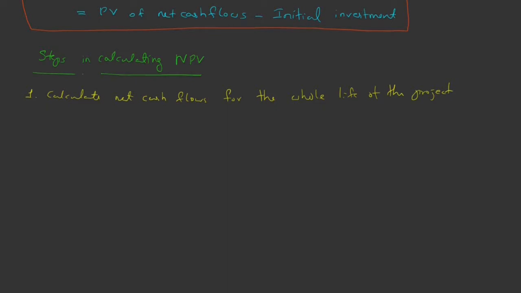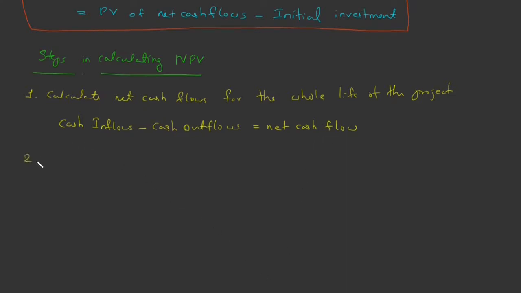The net cash flows should be forecasted based on realistic assumptions. The net cash flow is calculated by subtracting cash outflows from cash inflows. So net cash flow is equal to cash inflow minus cash outflow. So in the first step, we estimated net cash flows for the whole life of the project.